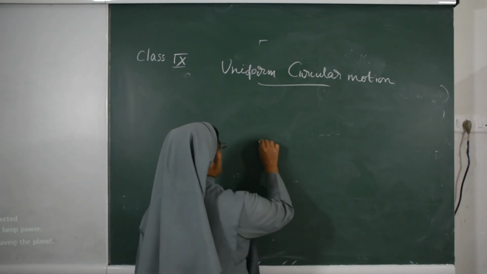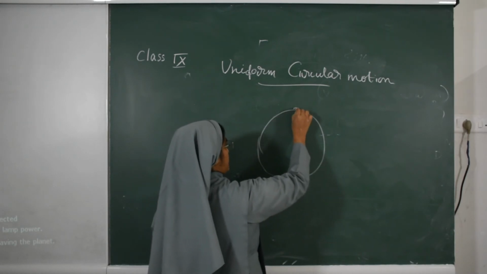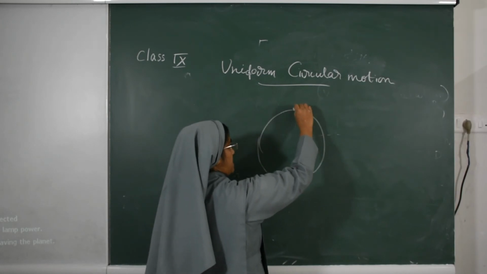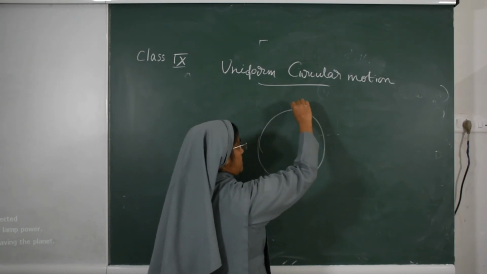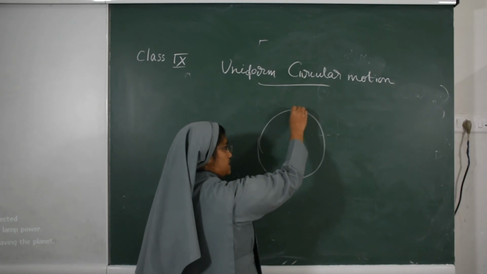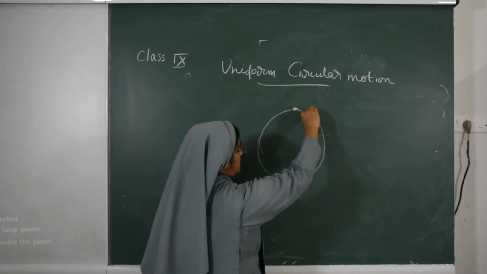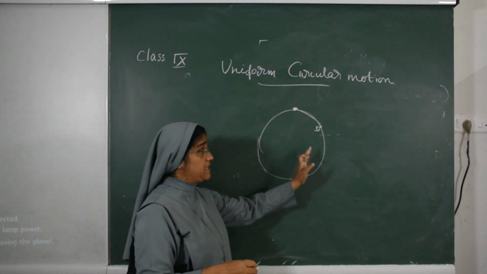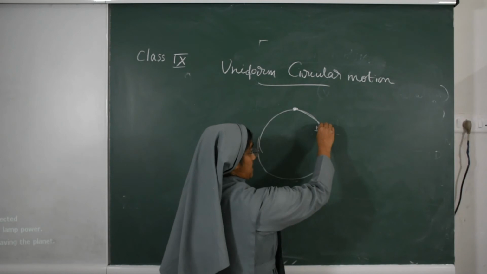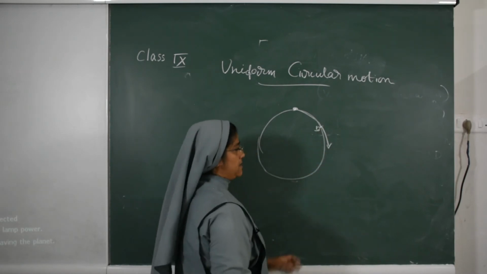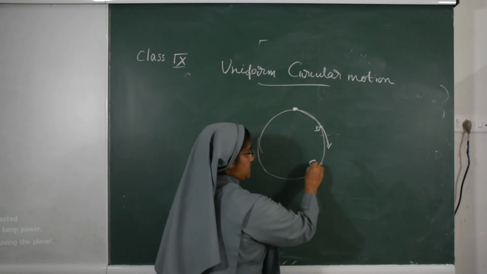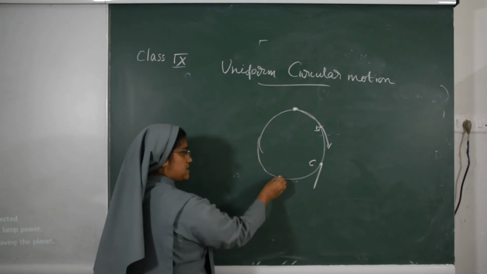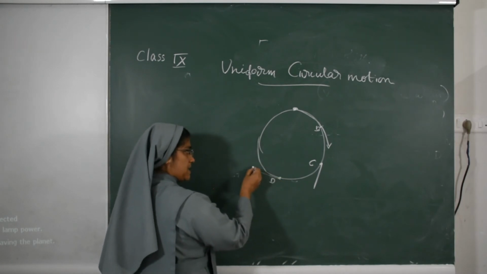Here there is one circular track and one athlete who started his motion from here. When an athlete moves on a circular path, when he reaches position B, his direction of motion keeps changing continuously. When he reaches position C, the direction of motion is like this.